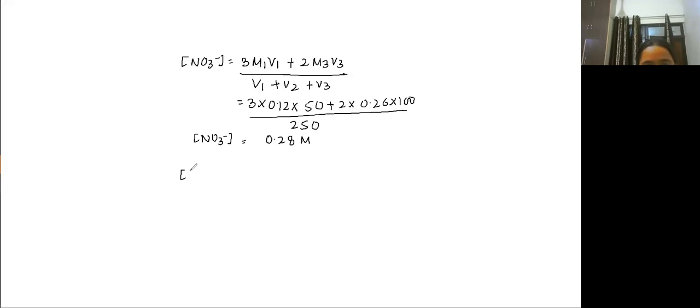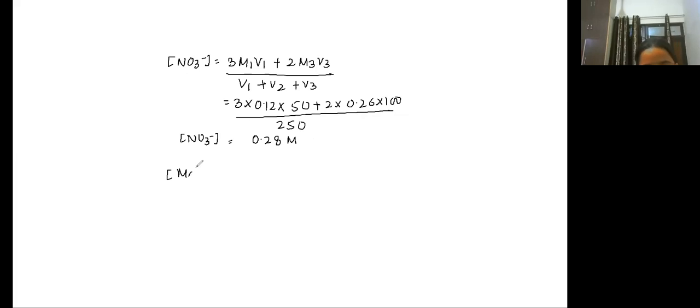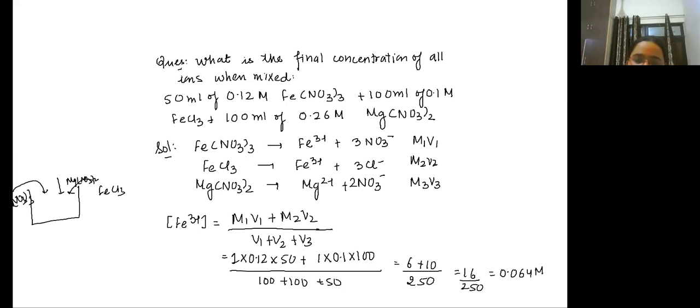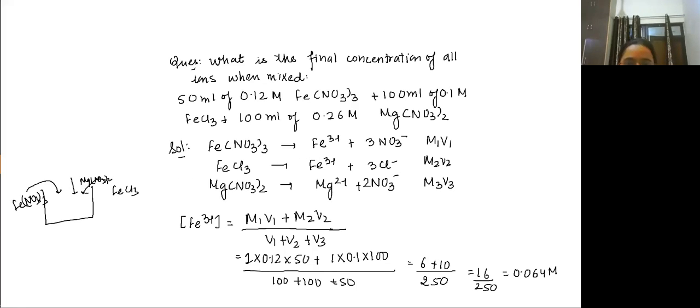Now next Mg2 plus concentration we will find. Mg2 plus is only present in which case? It is only present in third, that is M3V3. So how will you find out how many Mg2 plus is there? Only one.